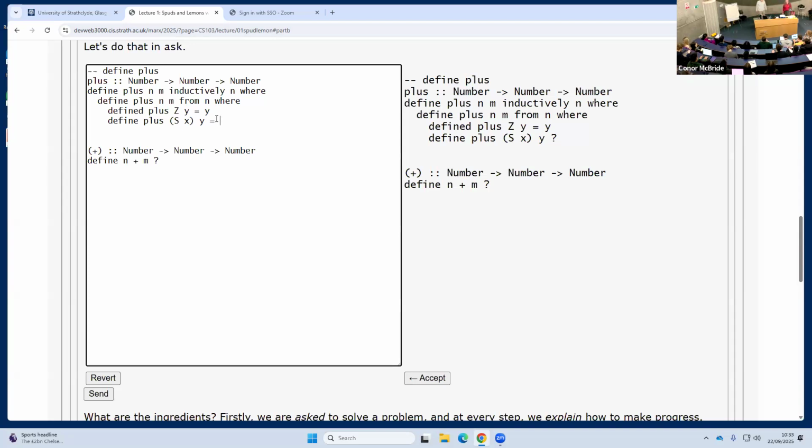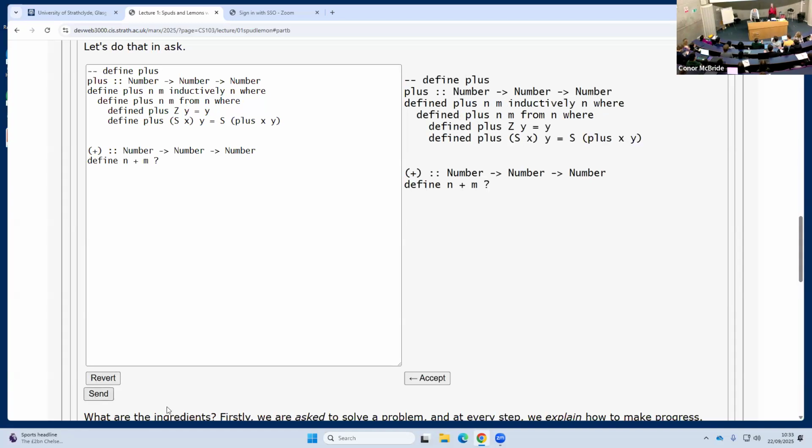So it's essentially saying, let's carry on adding x to y, but then put the successor back. So you need to write plus x y, and then wrap the whole thing with a successor. Okay? Hit send. Right, and now it's defined.